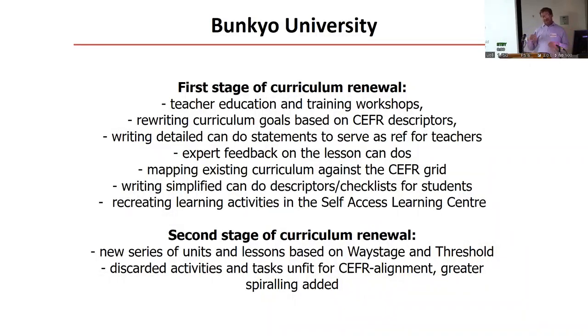So it's a long and endless cycle, but it's a virtuous cycle. So then they went on and said, listen, what we created is good, but there's still a bit that we need to work on. And we need to create new units, looking at the wastage and threshold that we talked about, and discard some that are not aligned, and add a bit more of the spiraling that I talked about.